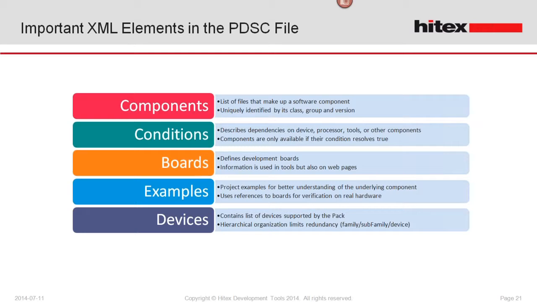We can also provide information about boards that it can be used on and extend this for various board support packages. And if we want to, we can provide examples so that users can easily see how our code can be used. And then we can also provide information about the devices, so Cortex processors or actual microcontrollers that are supported by this pack as well.